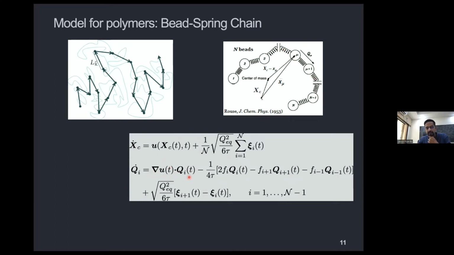The first term here represents stretching by the background gradient. Throughout, we will be assuming that the polymer is much smaller than the Kolmogorov scale of the flow. So at the scale of the polymer, the background flow is linear, and therefore this term is sufficient to represent the strain. It's just the first term of the Taylor expansion. Then you have relaxation due to the spring forces and the effect of noise.